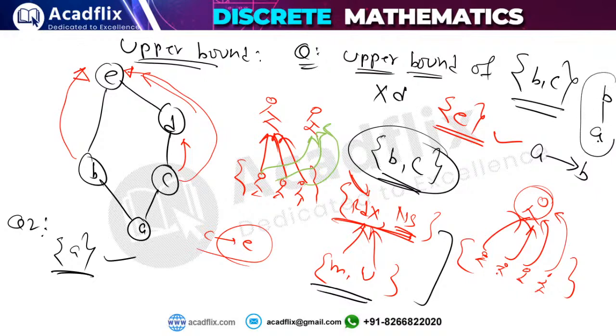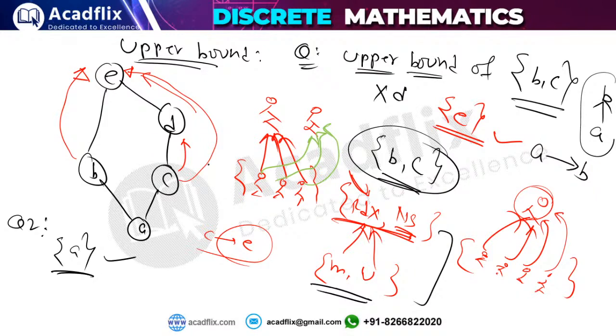So all the arrows are going upside. This we have already seen in the hash diagram.